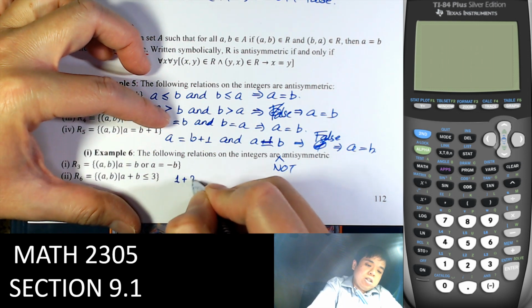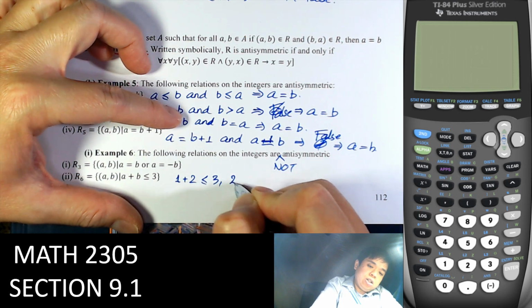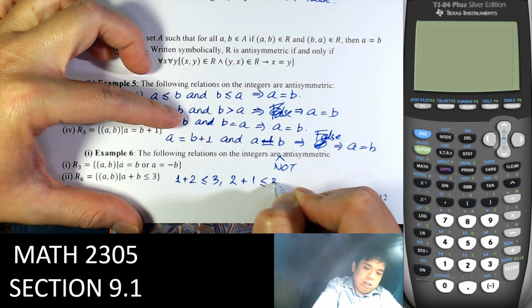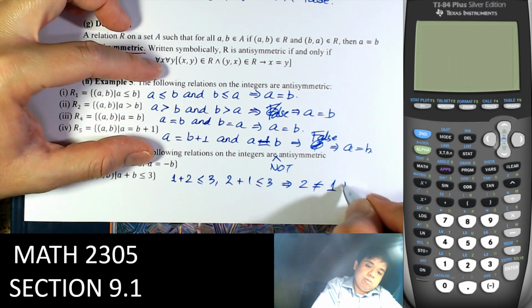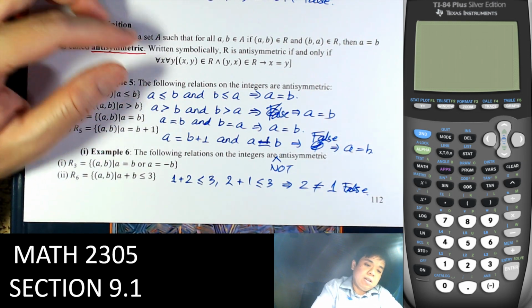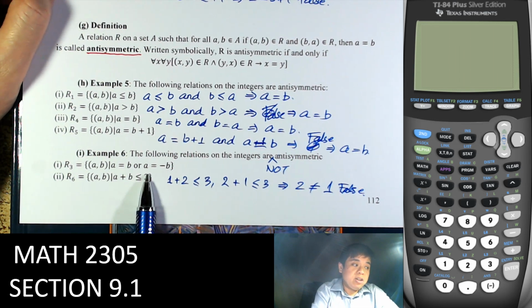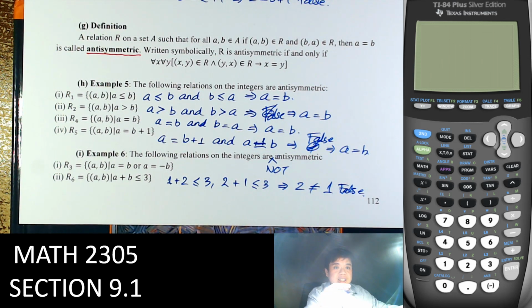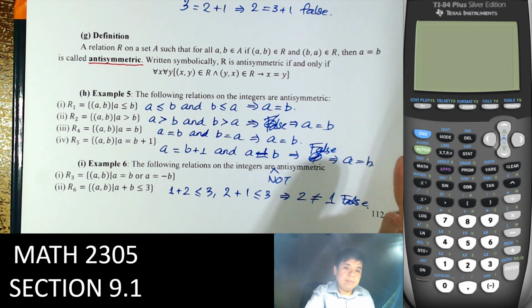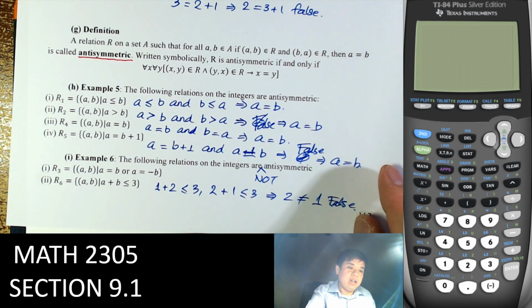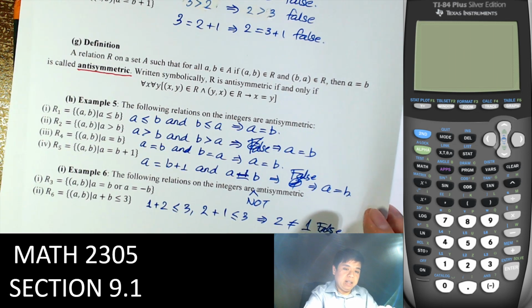Of course, 1 plus 2 is less than or equal to 3, 2 plus 1 is less than or equal to 3, but 2 is not equal to 1. So that's one false. This one is obvious, because if A equals negative B, B equals negative A, they're not quite the same. That means there's 0, 0. That might not be the case.